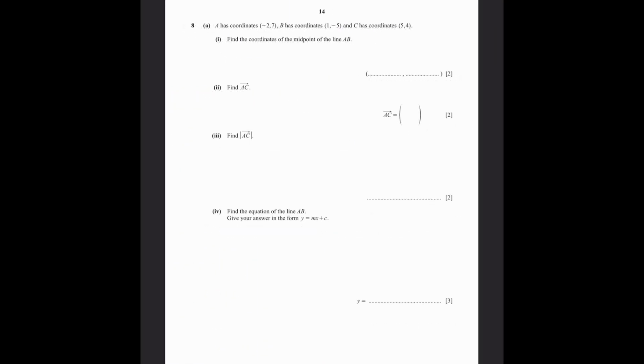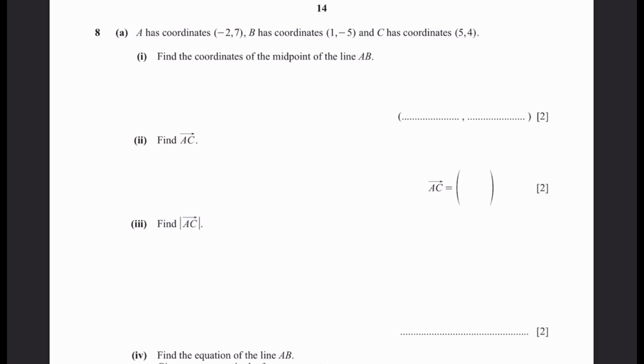Question 8, A. A has coordinates minus 2, 7, and B has coordinates of 1, minus 5, and C has coordinates of 5, 4. 1. Find the coordinates of the midpoint of the line AB.